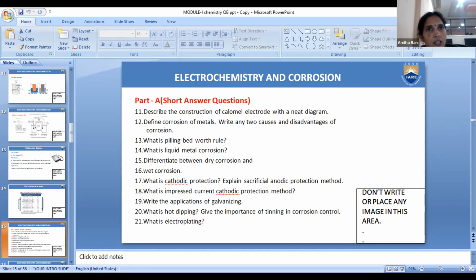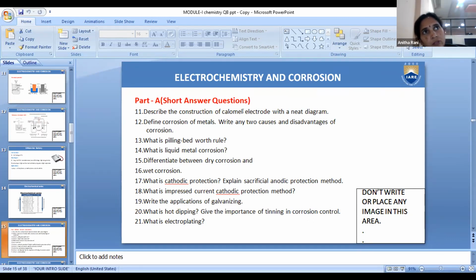What do you fill in the glass tube? First, mercury at the bottom. Then a paste of mercury and mercurous chloride.